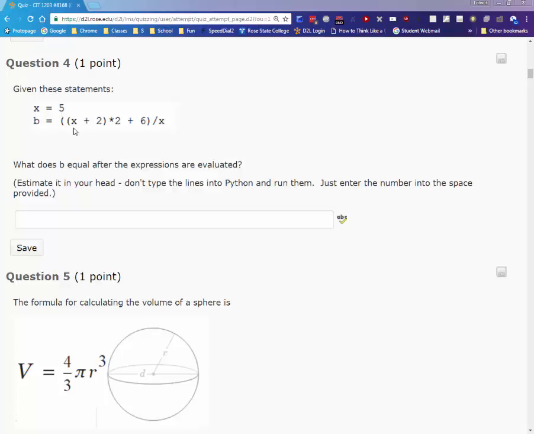Since x is 5, that's 7. Now we're going to do the next set of parentheses. Multiplication happens before addition, so 7 times 2 is 14, plus the 6 is 20, divided by 5, so that should be 4.